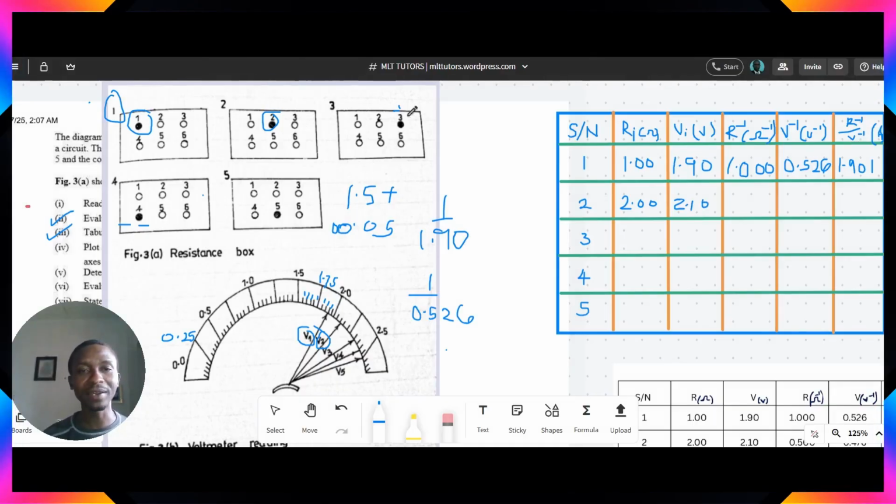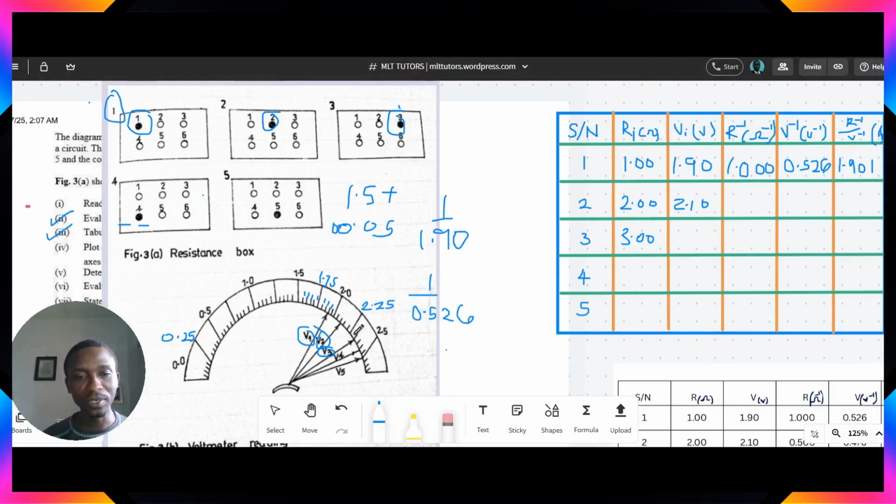Then for the R3, look at this where the plug key is open, that's 3.00. And what's the corresponding value of the voltage at that moment? Here's our V3. So here will be 2.25. And if here is 2.25, then here will be 2.30.